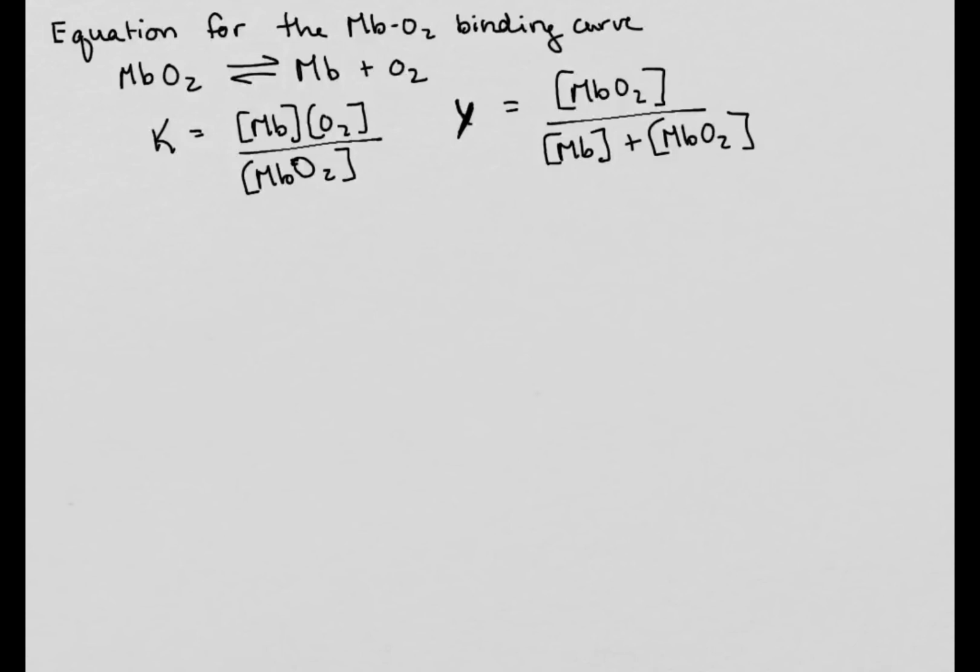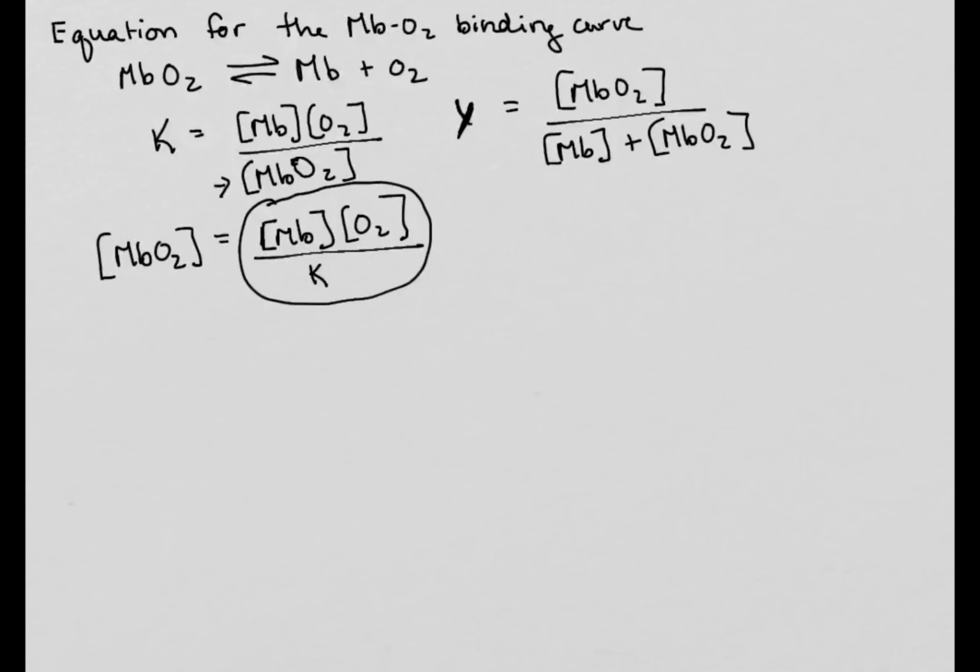What we can do here is solve for the concentration of myoglobin in its oxy form in the dissociation constant equation. We can then take this entire conglomerate and plug it in for the concentration of myoglobin-oxygen in the fractional saturation equation.